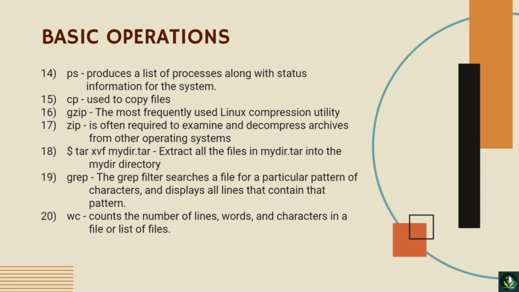It can be any name. For example, Hadoop 3.2.0.tar. It extracts all the files in mydirectory.tar, or the Hadoop directory for example, and the data will be stored in that particular respective directory. So let's move to the practical demonstration of it.